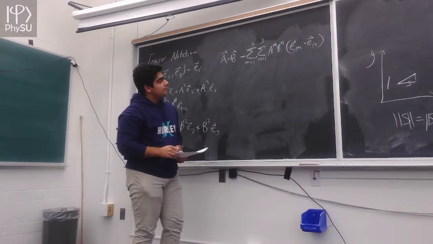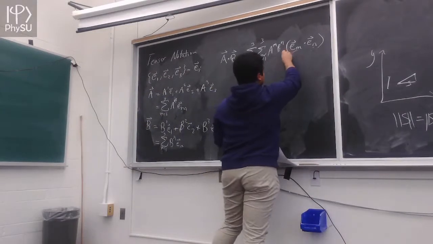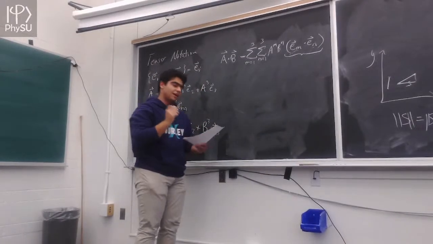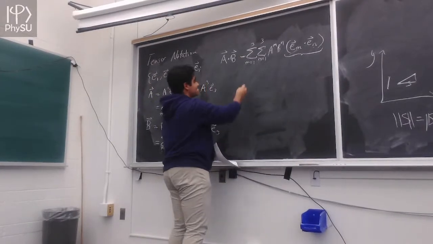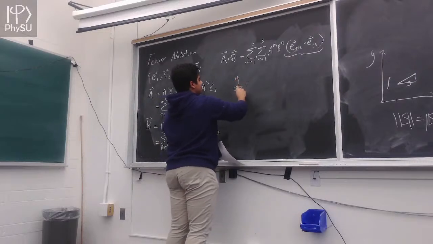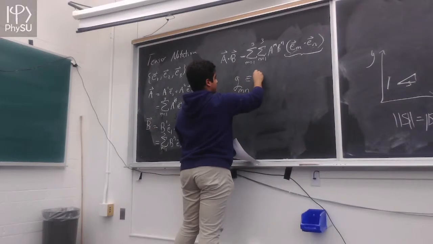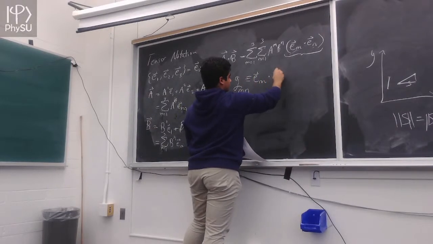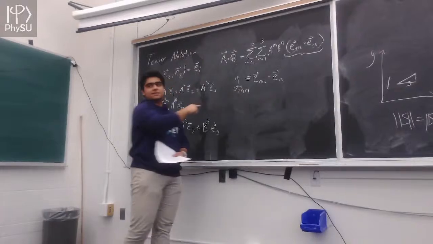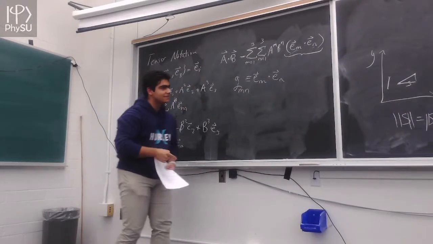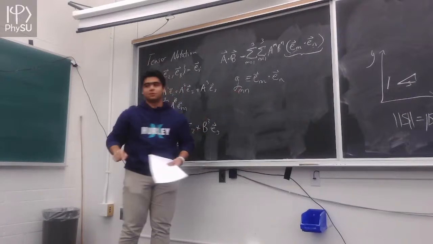But this object here is actually something that has its own name, which is represented with gmn, and this is our first tensor, and it's called the metric tensor. Okay, this is a very, very, very important tensor.